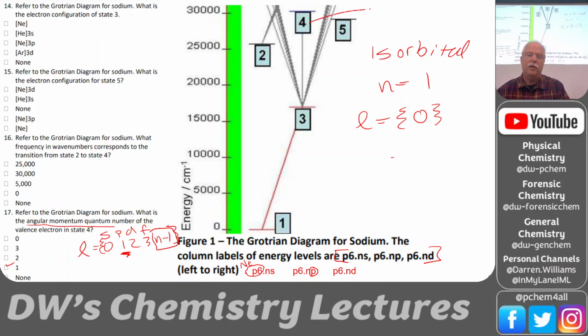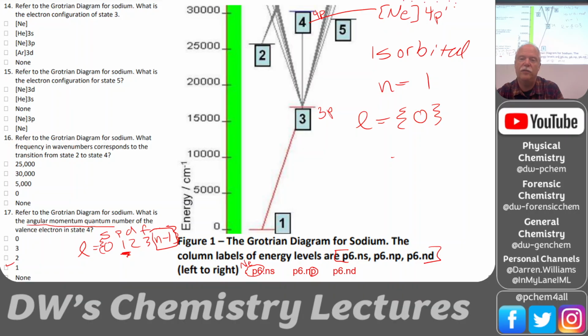So this one right here is neon, and then the very first one was the 3p. What's the next available? This whole column is np, so something p. If this is the 3p, then this is going to be the 4p. So 4p1.